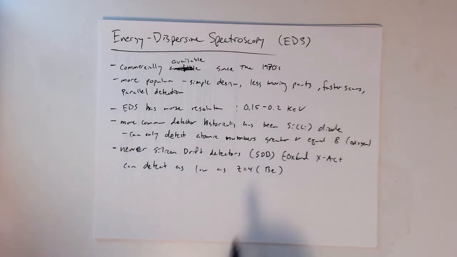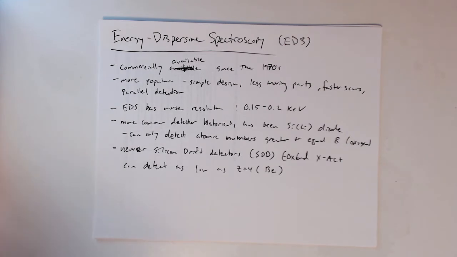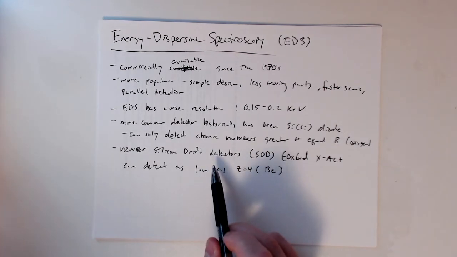There's even one Oxford detector that says that it can detect lithium, which is the 3rd atomic number. And so there's definitely advances that are still happening to this day with this technology. These SDD detectors don't require liquid nitrogen like the older detectors.